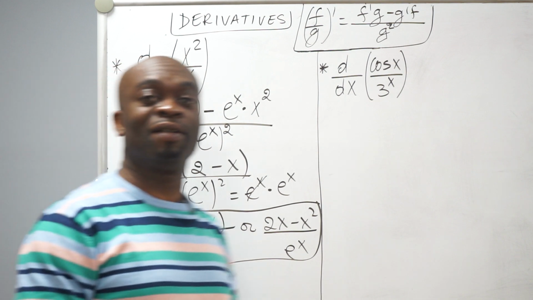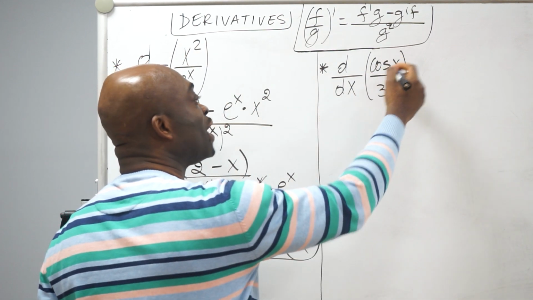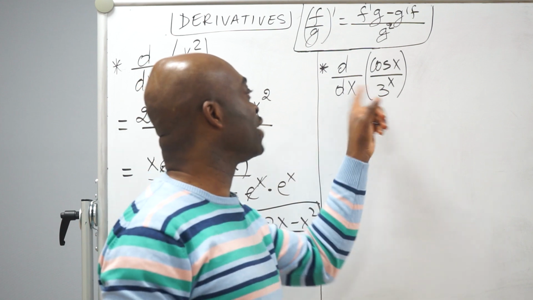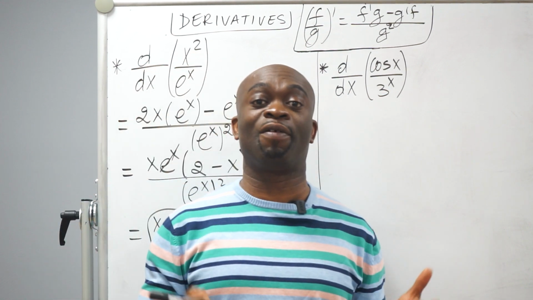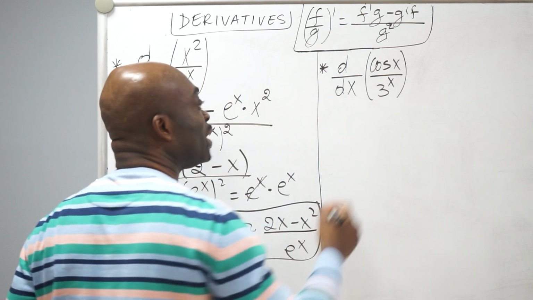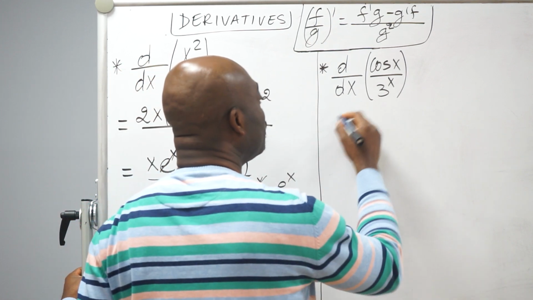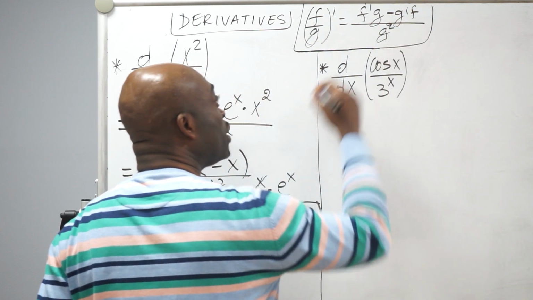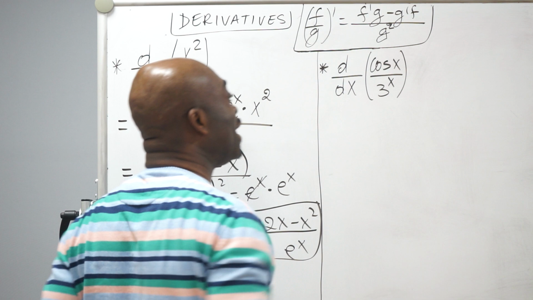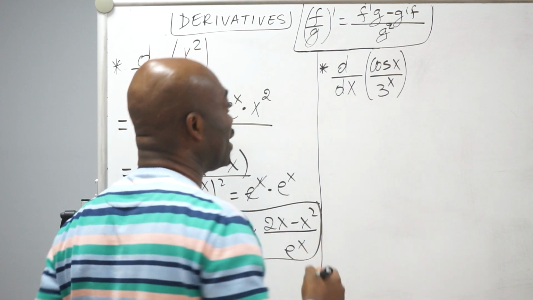Now let's go to the next question. We have the differentiation of cosine x over 3 to the power x with regard again to x, meaning again that x is the main character here. Okay, so let's go for it and see what we get. We're following the formula, so what is f prime? What's the derivative of cosine x? It's negative sine x, right?